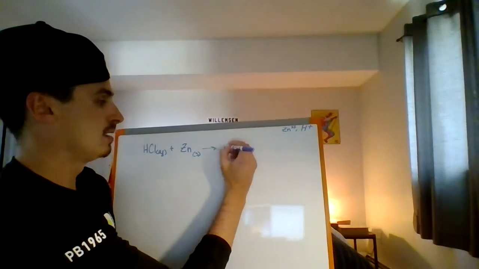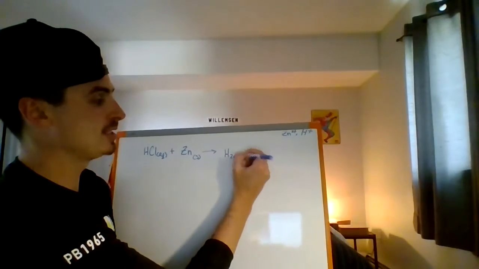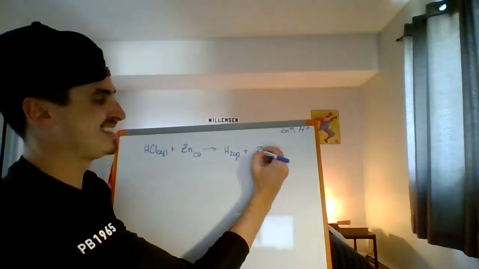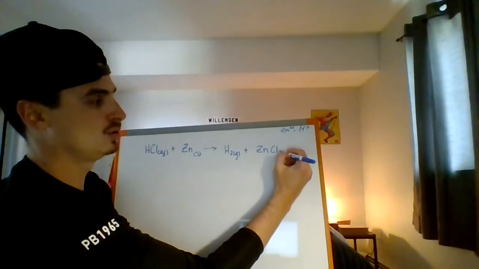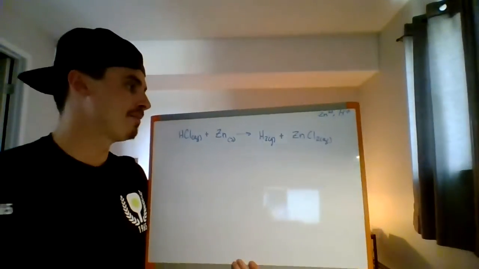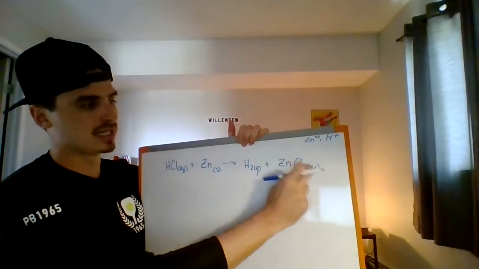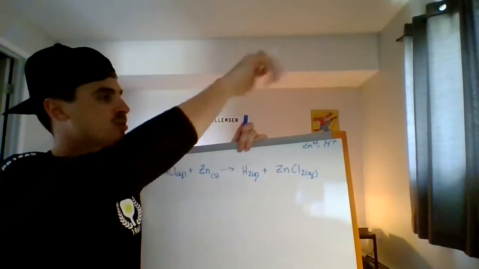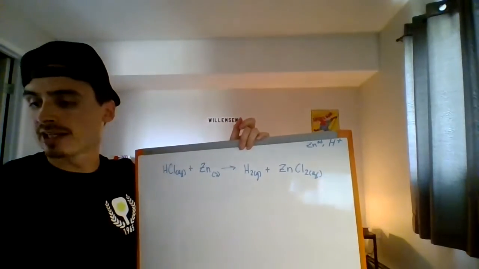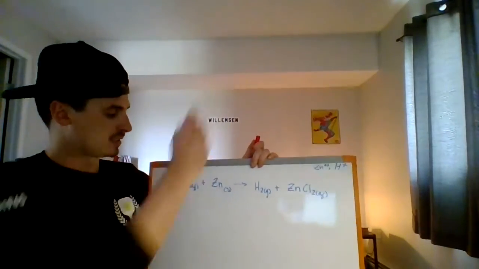Hydrogen's going to come out and be H2, and I'm going to get ZnCl2 aqueous. Okay, so I'm going to get my reaction. If you're wondering how the 2 got there, zinc has a charge of 2 when I drop and swap in an ionic compound.